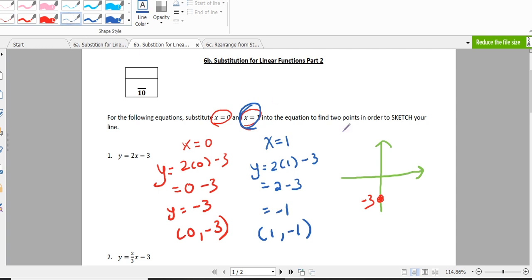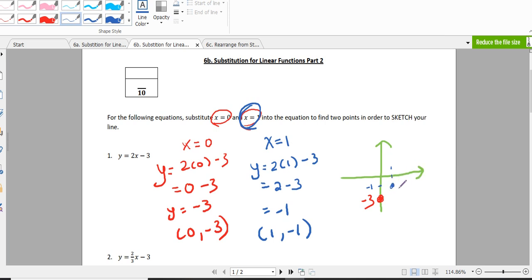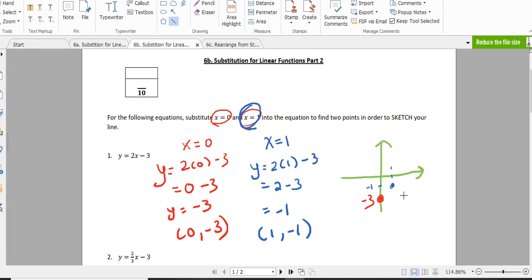Another point, 1 and negative 1, would be somewhere here. So I know this is my second point. Now all I have to do is connect the dots.